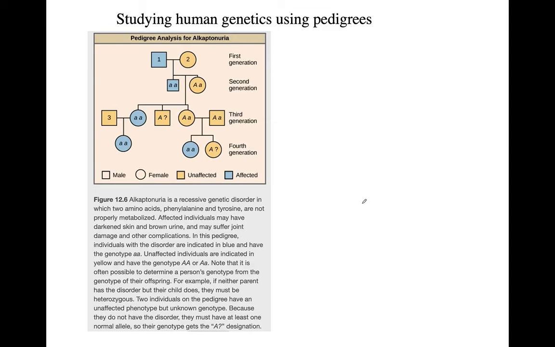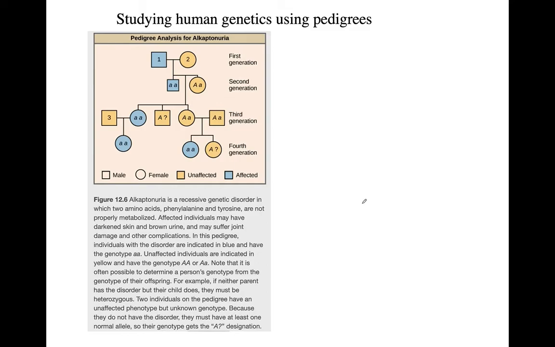So, studying human genetics using pedigrees. Now, with flies and plants and any other model system that geneticists use, scientists have the freedom to set up crosses as many as they want.